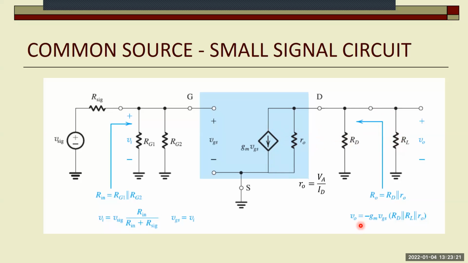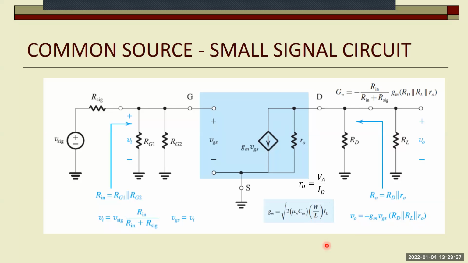So the output is minus gm VGS times RD parallel RL parallel R0, and the gain will be V0 divided by VGS. So it's basically minus gm RD parallel RL parallel R0. And that is pretty much the formula, very similar to the formula we had for the common emitter circuit. And gm, again, to remind you, is expressed by the square root of this.